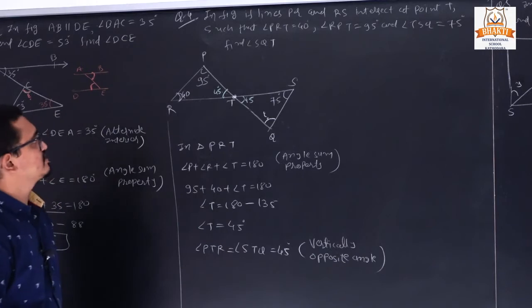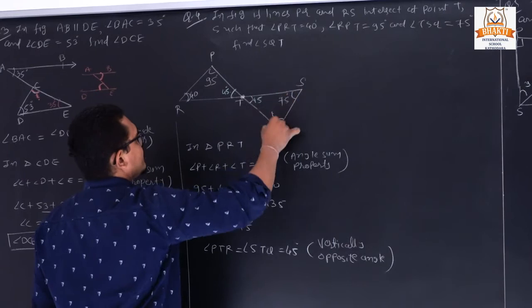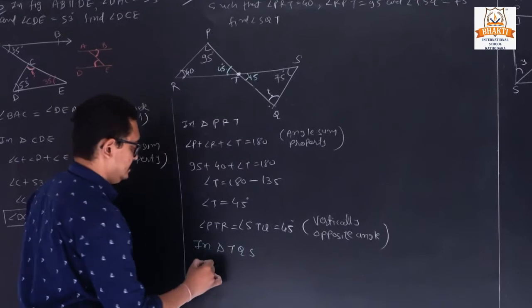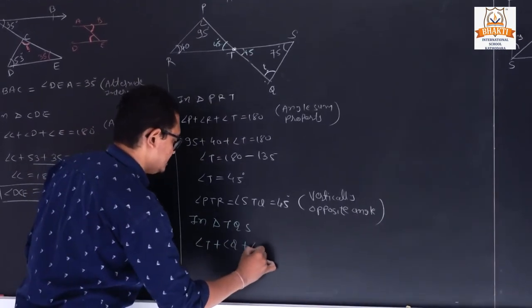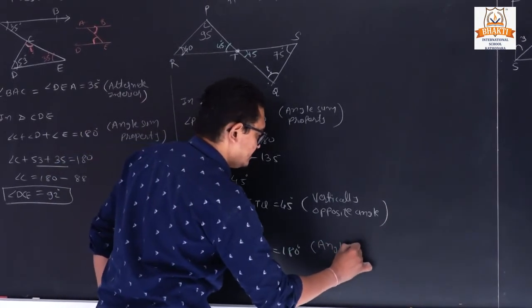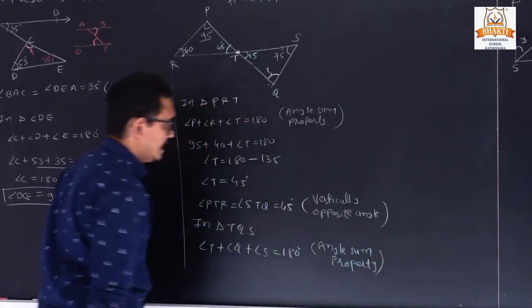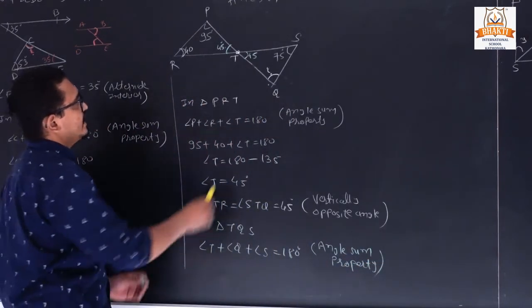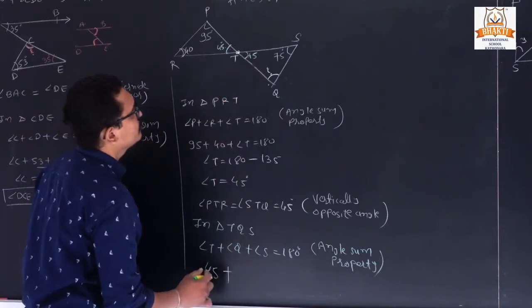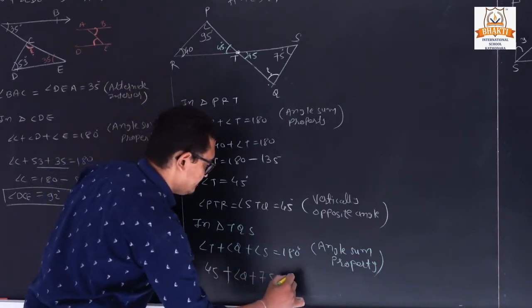Clear? Vertically opposite angle. Now once again we have one triangle TQS. So in triangle TQS, angle T plus angle Q plus angle S is equal to 180 degree, angle sum property. Now angle T is given 45, Q we need to find, and S is 75.